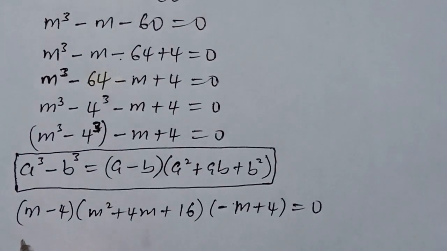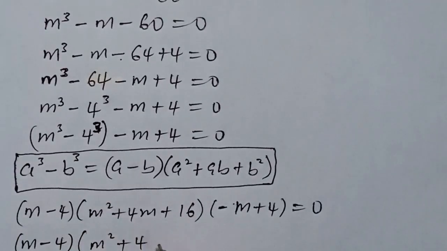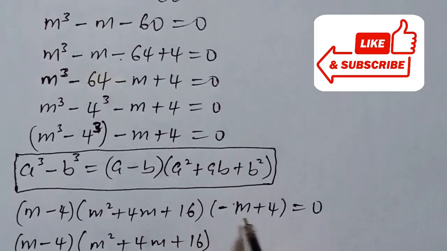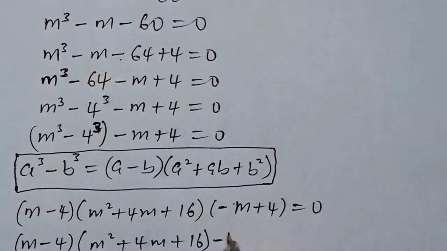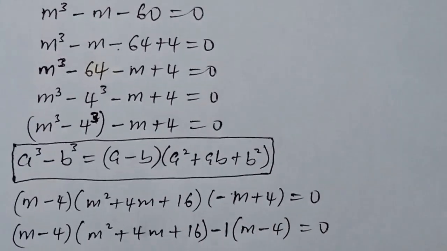So this can be written as M minus 4, M squared plus 4M plus 16. So we can factor out minus 1 over here. So we have minus 1 into bracket M minus 4 equal to 0.